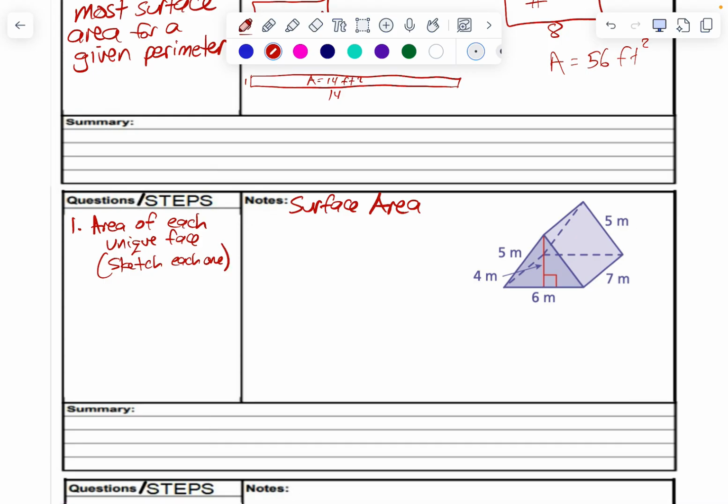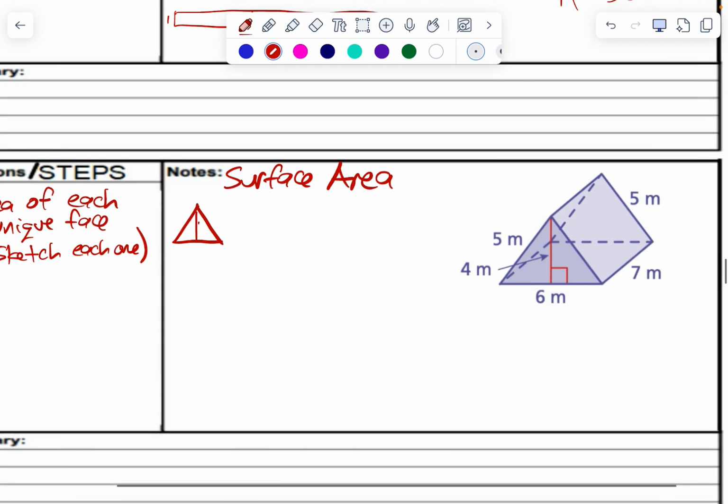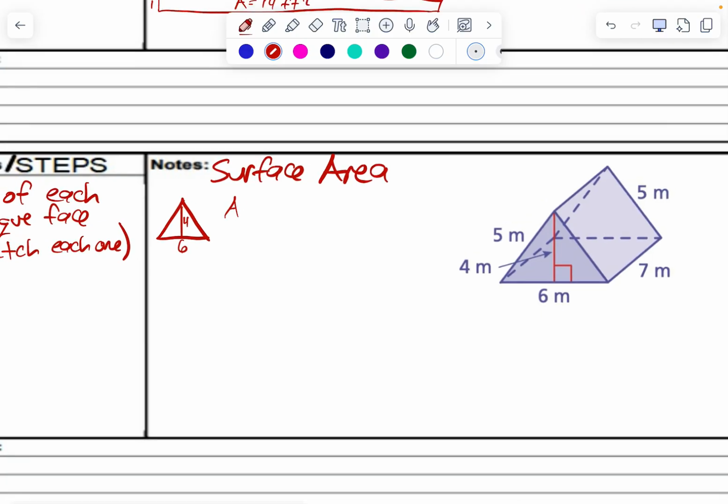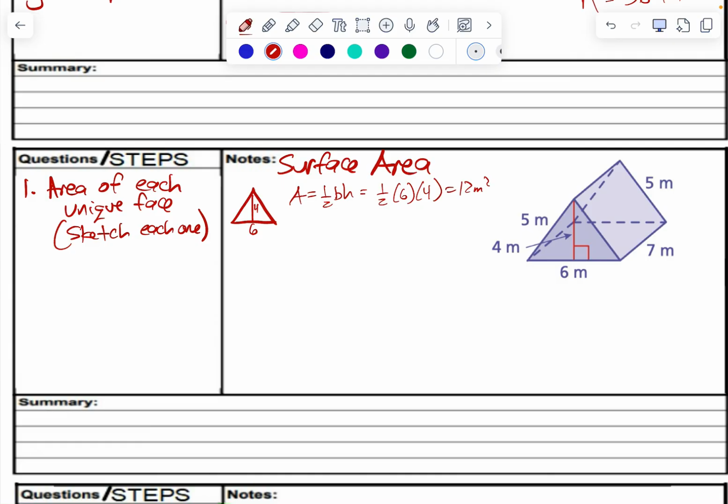Okay, so here's what that looks like. When I see this prism, I see a triangular face, and it has a height of 4 and a base of 6. So the area for that is 1/2 base times height, which is 12. Okay, what other faces do you see on here?